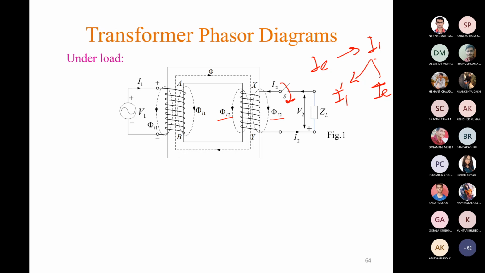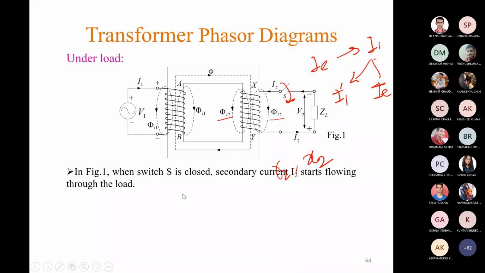Hence phi L2 will produce its own induced EMF, which can be treated as the reactive voltage, and we will have the secondary leakage reactance X2. The secondary winding will also have some resistance, R2. Therefore we can draw the phasor diagram under loaded condition considering these new parameters.